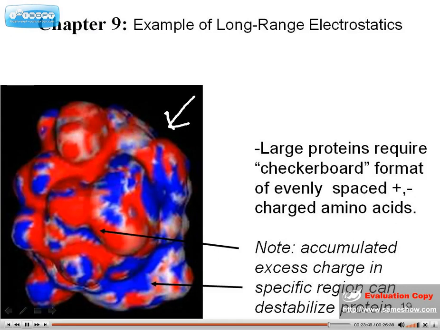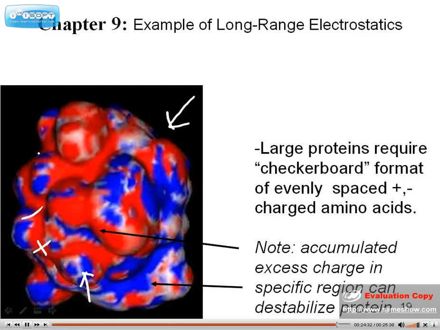Because it occurs over multiple amino acids, think of this as the overall electrostatic average from each of these multiple positive and negative charged interactions. The red means excess negative, the blue means excess positive, white means neutral. What we found in nature, not always, is that nature prefers to have the positives and negatives spread out equally. So think of it as a checkerboard pattern of positive and negative amino acids. These positive and negative amino acids tend to be on the outside of a protein.